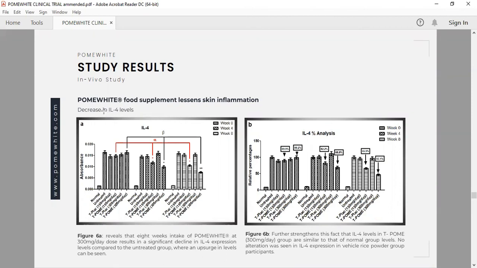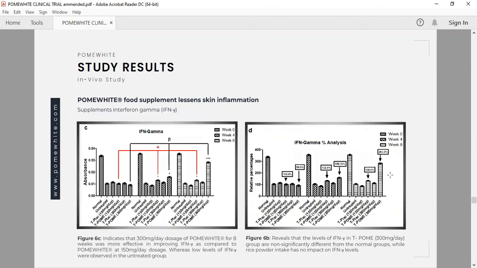The graph shows that IL-4 levels decreased in the Pomewhite treated group up to 4 weeks, to moderately significant levels. The percentage analysis shows the same, with almost 50% inhibition of IL-4.